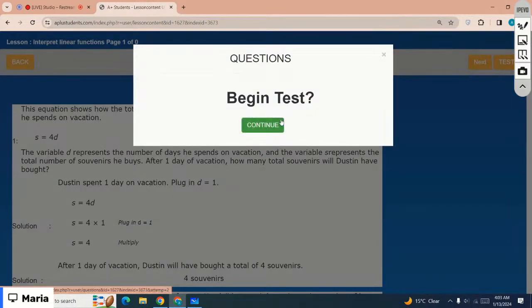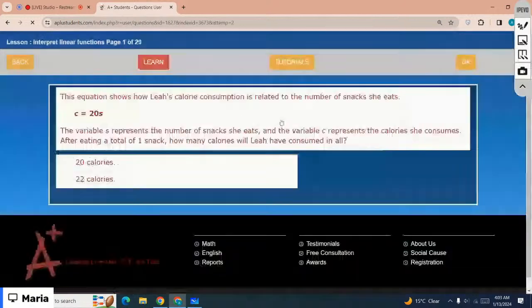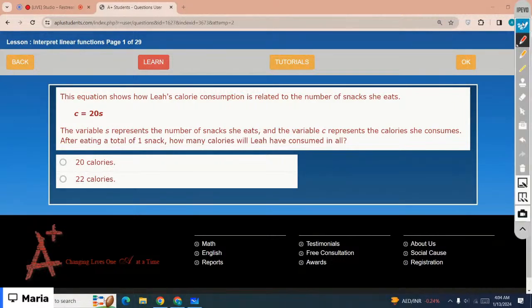Let's just start with the test questions. This equation shows how Lee's calorie consumption is related to the number of snacks she eats. C equals 20S. The variable S represents the number of snacks she eats and the variable C represents the calories she consumes. After eating a total of one snack, how many calories will Lee have consumed in all?